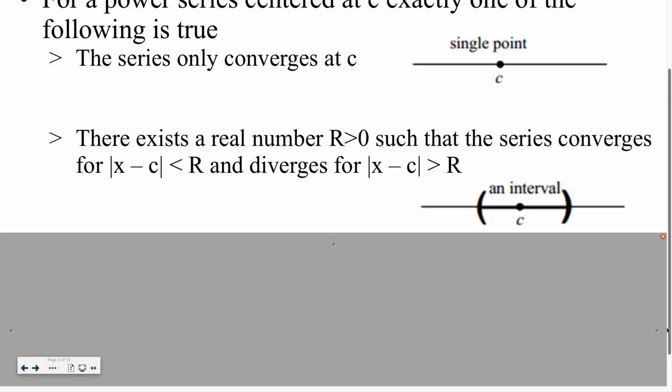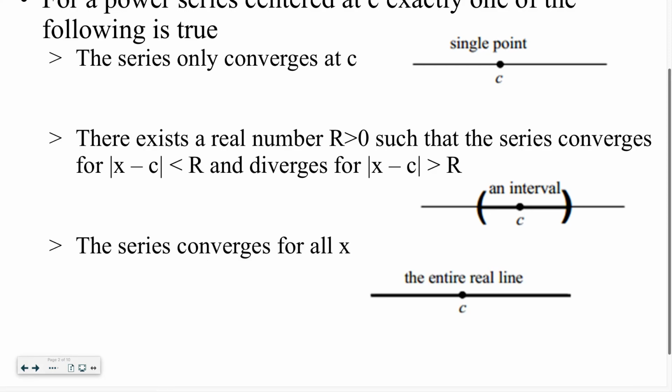I wouldn't say that you have to write all this down. You could just say it converges on an interval. We're going to eventually talk about R. R is going to be our radius of convergence, but we will get there. It is also possible for our series to converge everywhere. And that's what we're going to figure out today.